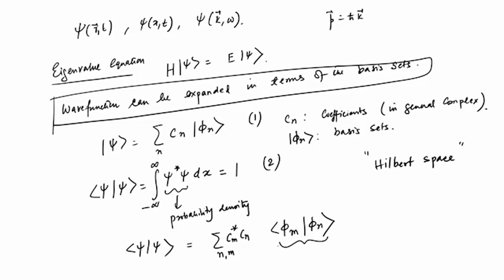Because I said that they are orthogonal, this has to be equal to 0 if m is not equal to n. So, this is written as a Kronecker delta, delta mn. Delta mn is equal to 1 for m equal to n, and it is equal to 0 for m not equal to n. Okay.